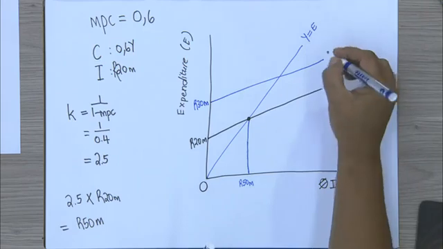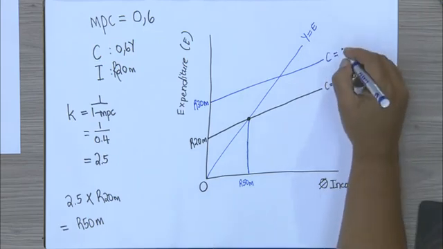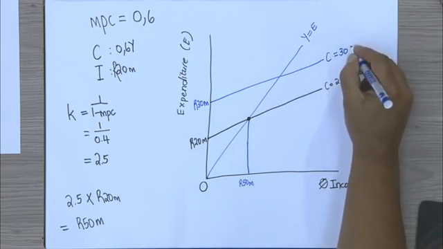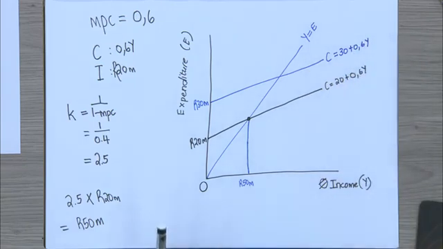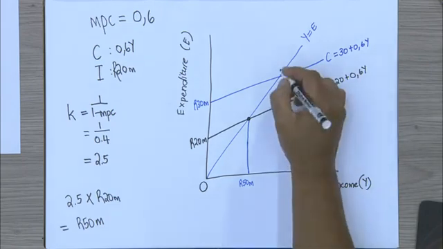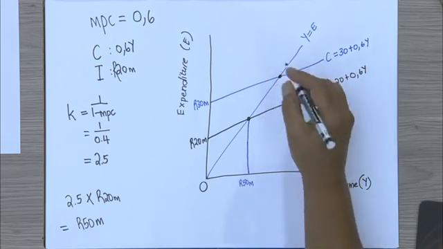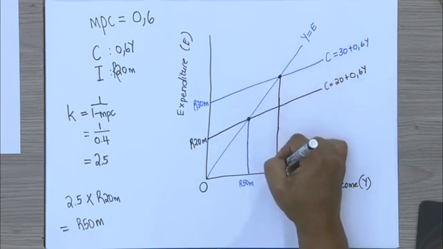So now my consumption function also changes. So that will now be not 20 anymore. It will now be 30 plus 0.6Y. And there where it crosses, what I said, also known as the line of equilibrium, what is my eventual income now?